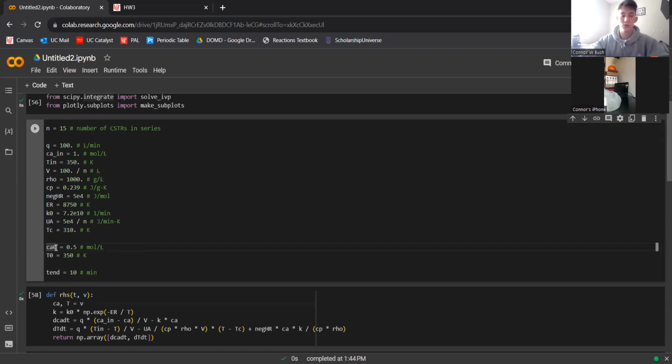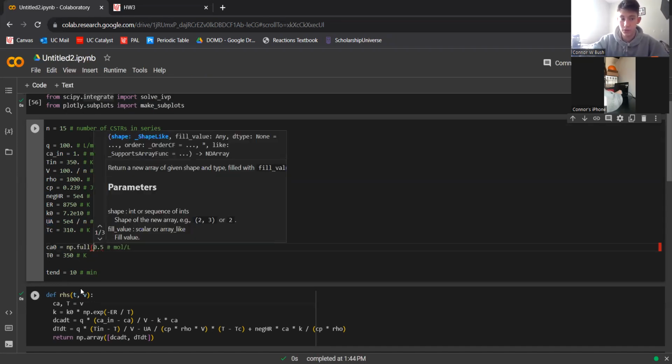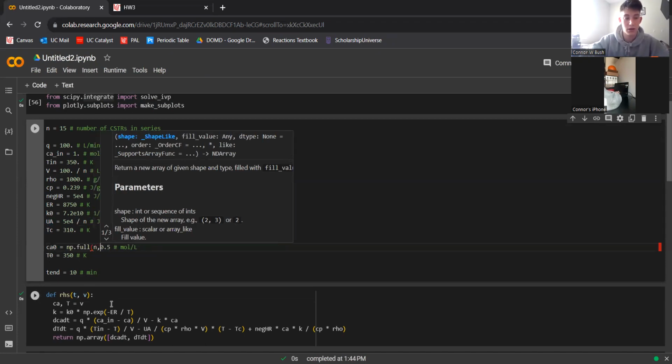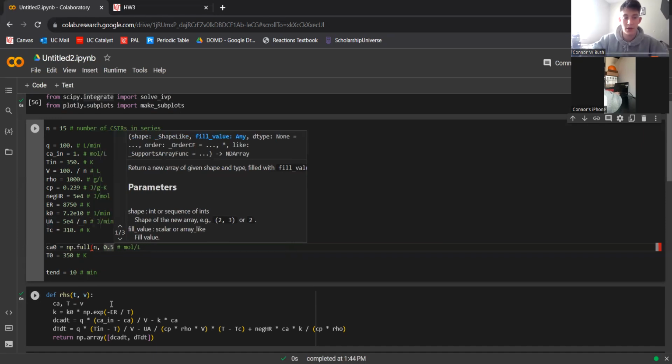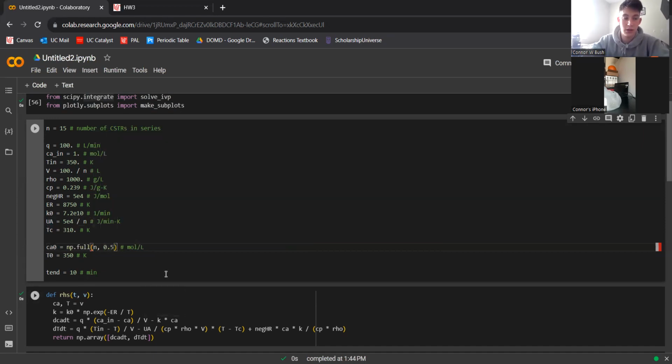And then since we are going to have 15 CSTRs, we're going to have 15 separate initial guesses for concentrations and temperatures. So we're going to need an array. The easiest way to do that is to use numpy.full. So here it says what shape we're going to have, that N, and then the fill value is going to be the concentration that we want to use.